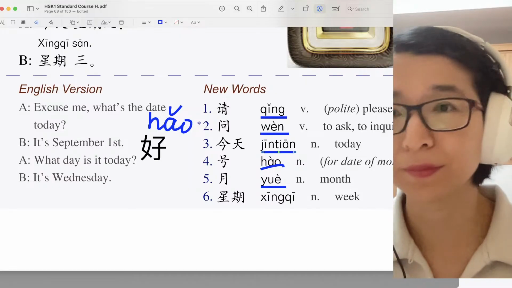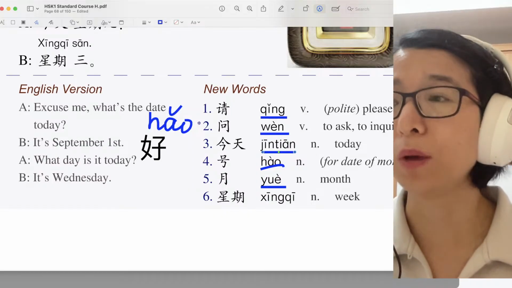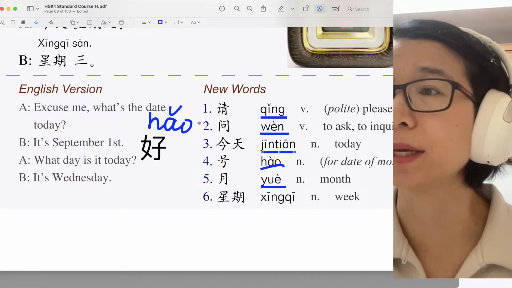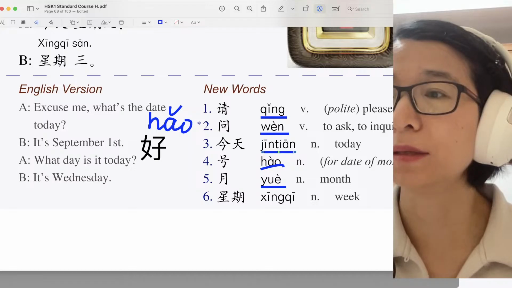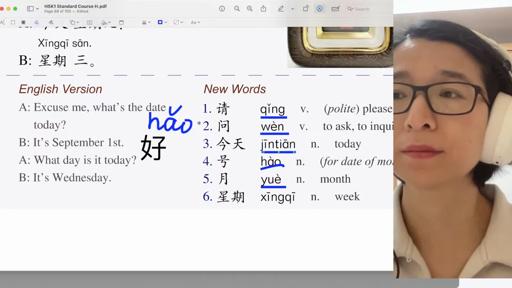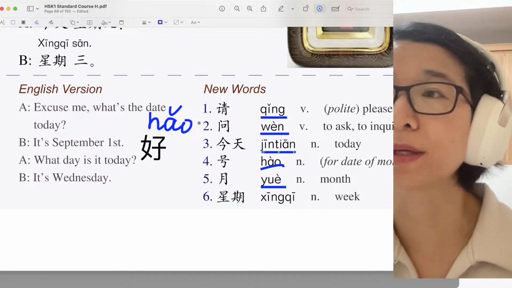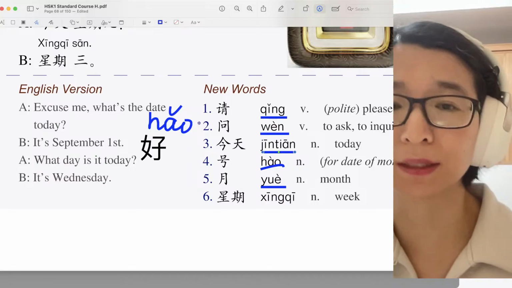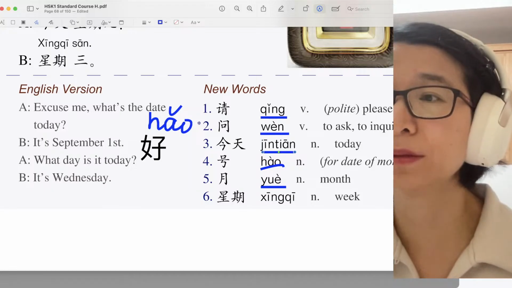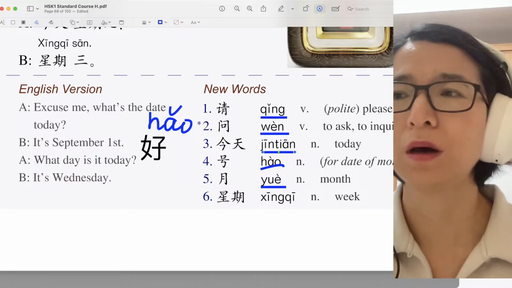Okay, now I'm going to say just one word, and you guys tell me which one I say, right? Okay, so I'm going to say it. Tell me, which word is it? Does it mean date of the month, or does it mean how good?